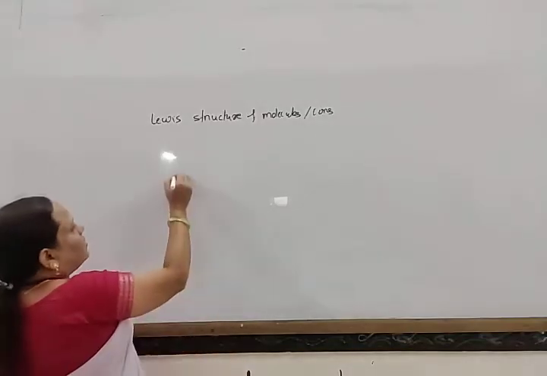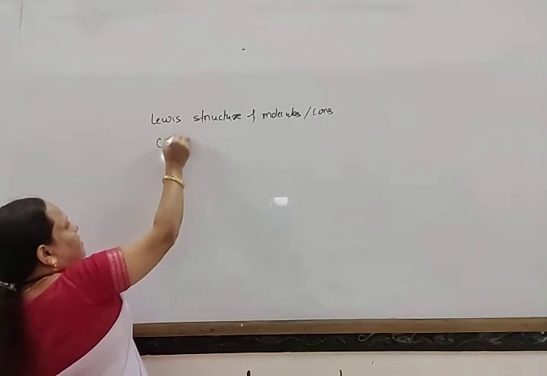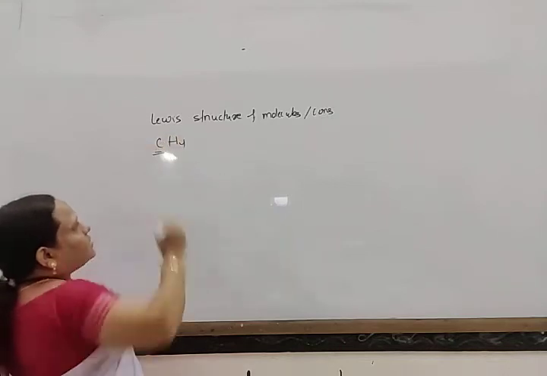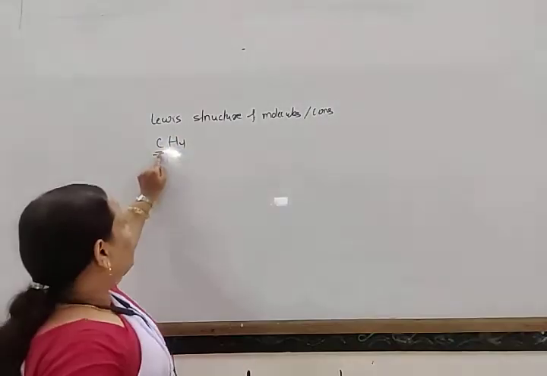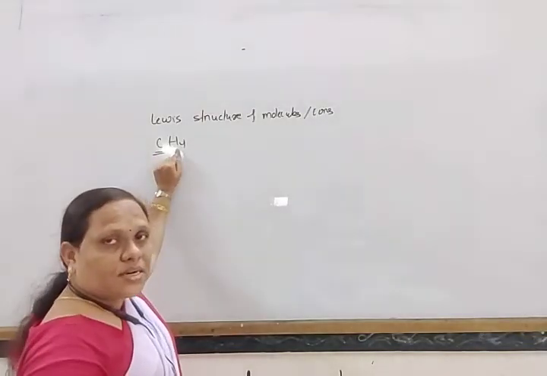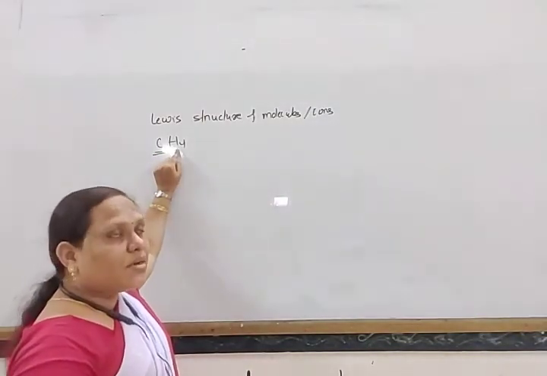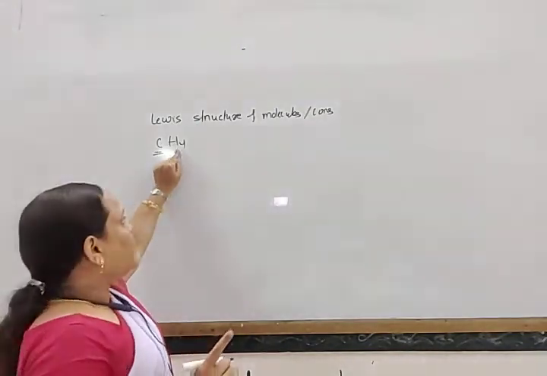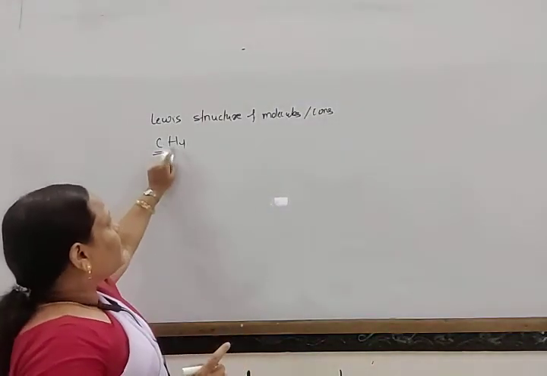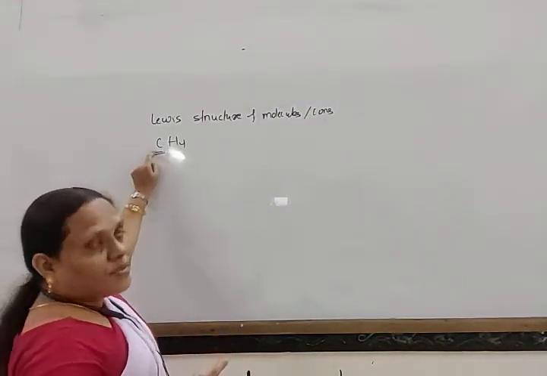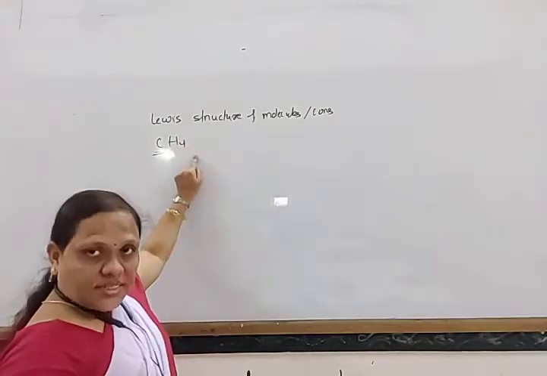Suppose we consider methane, CH4. Carbon has 4 valence electrons and there are 4 hydrogen atoms, and each hydrogen atom has 1 electron. In this way, one hydrogen atom shares 1 electron and the carbon shares 1 electron with each hydrogen.